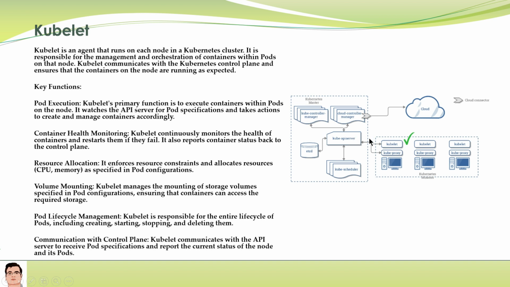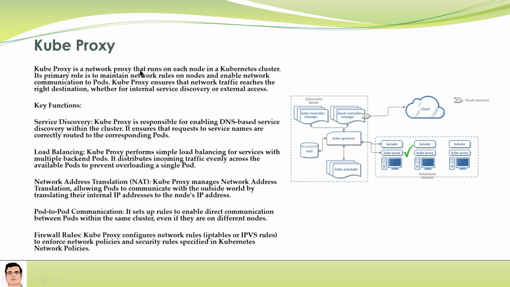Then it passes the information to the Kube API server, and the Kube API server confirms to etcd that it is already deployed, so it registers all the information about which node. In this way, the communication happens between the Kubelet of a particular node through the Kube API server and then etcd. Communication with the control plane we already discussed.